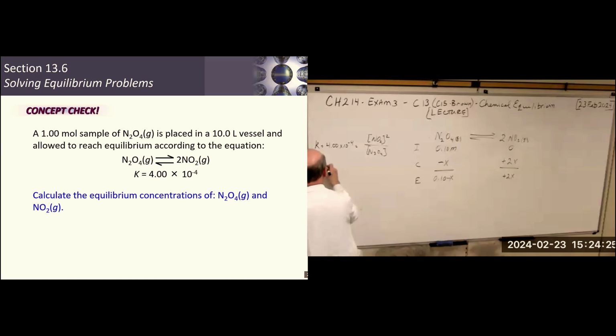This is going to be 4 times 10 to the minus 4 equals 2x squared over 0.10 minus x to the first power.